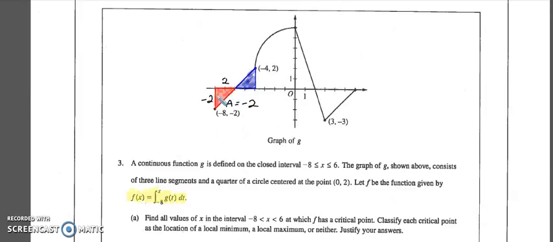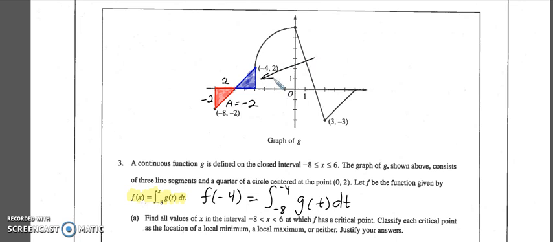F of negative 4 is the area of this triangle and that triangle, because if we use the key here, f of negative 4 is the integral from negative 8 to negative 4 of g of t dt. So the area from negative 8 to negative 4 is this triangle, which we already calculated in part B, and we got negative 2.